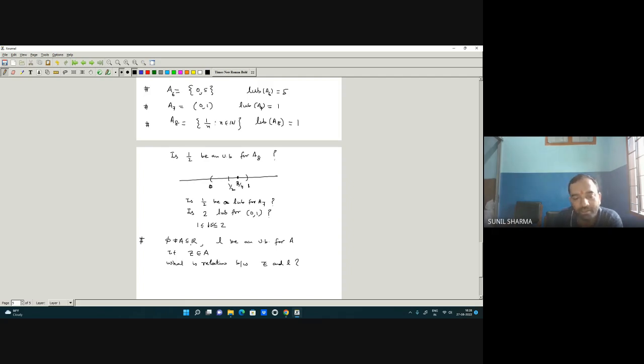A is a non-empty subset of real numbers, L is an upper bound for set A. If Z belongs to A, tell me what is the relation between Z and L?